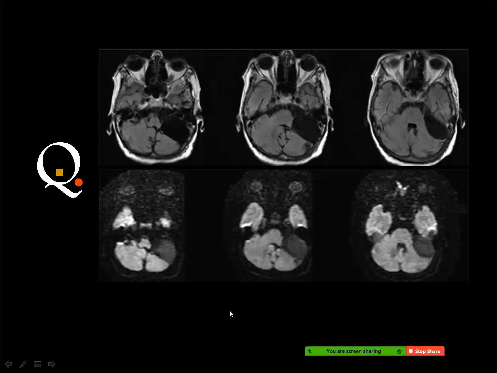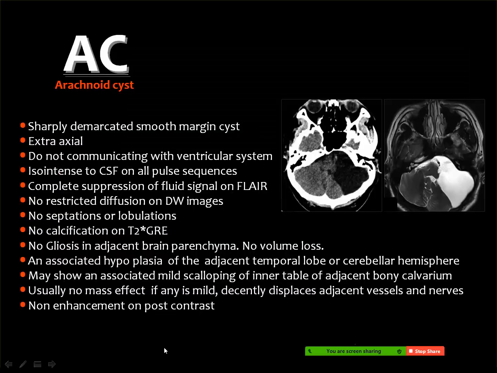Arachnoid cyst. Yes, and this is a cerebellopontine angle arachnoid cyst based on the smooth margin of the lesion, the CSF signal, and the diffusion free of the lesion.